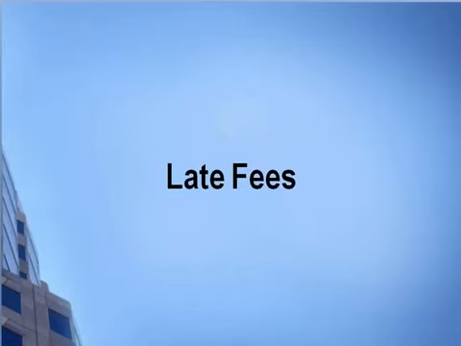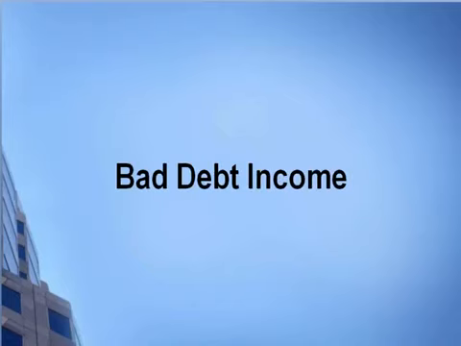Don't do it. All right, and finally, and this is the last section on the income section, the bad debt income. Bad debt is money that you will never collect. Well, I say will never collect. Obviously, if it's showing up as income, it's collectible. But typically, if you're dealing with a C-class residency, you're never going to collect bad debt. They don't care about their credit. They're moving on.